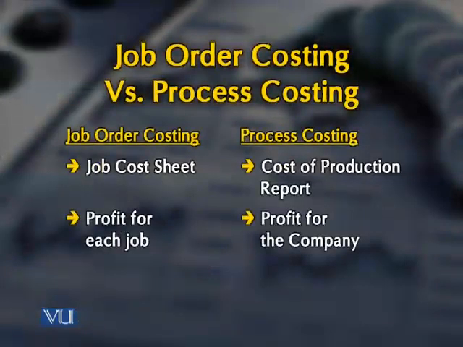Now, in job order costing, we prepare a job cost sheet. Basically, a job cost sheet is a page, or rather a proforma, on which you add the customer name, what order he placed, how many units he wants, at what date we started and what date we completed. That is the basic information. Then when you start working on it, you record how much material you are adding, what type of material, and how many labor hours you have incurred.